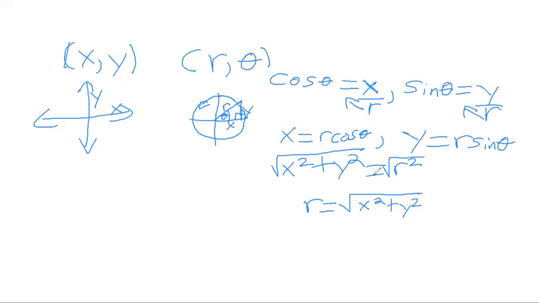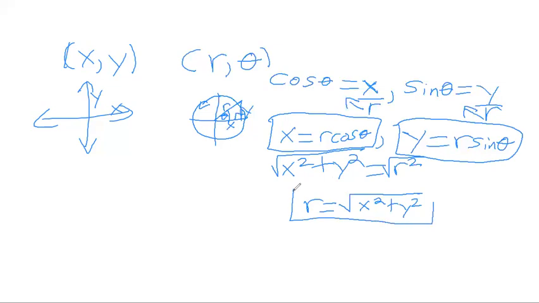Now notice, plus or minus, but radius is always positive. It's distance, right? So the important points are that x is r cosine theta, y is r sine theta, and r is equal to the square root of x squared plus y squared.